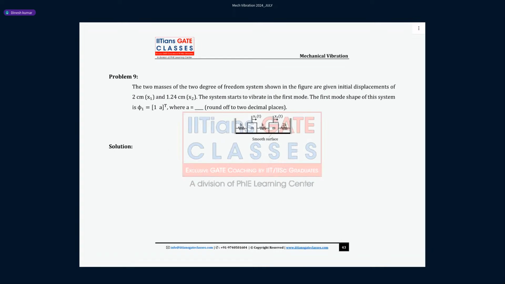We already found, if the system vibrates in first mode, x1 for first mode was 1, and we got x2 for first mode as 1.366, correct?